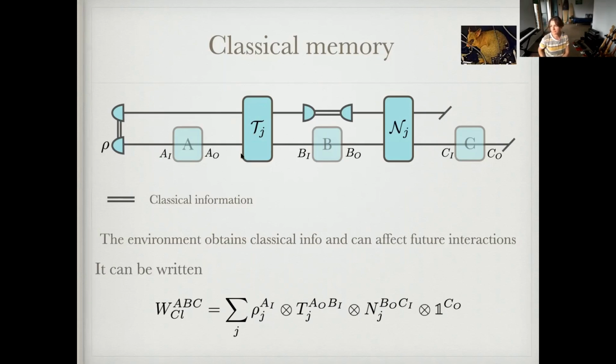Yeah, no, I guess that's not quite what I meant. So you've got this classical information channel between your T and your N interactions. Yes. And my question is, coming into the interaction N, you've got some transformation described by N, and you've got some quantum system, defined by whatever the state is at the bottom channel, and then you've got some state of the environment, described by this top channel.